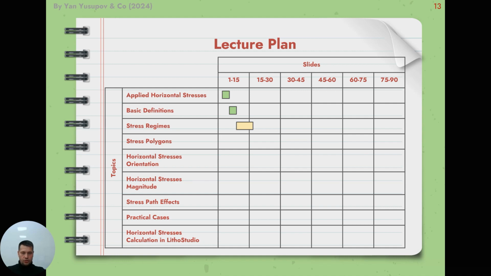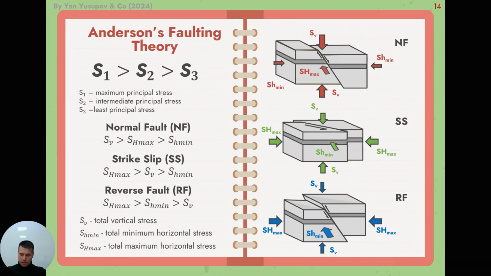Okay, the next topic is stress regime. In situ stresses are the most important parameters for geomechanical modeling. Generally, in situ stresses include three orthogonal principal stresses in the subsurface, as I considered before, which can be defined as the vertical stress and the maximum and minimum horizontal stresses.